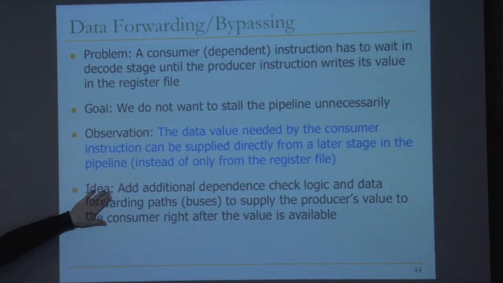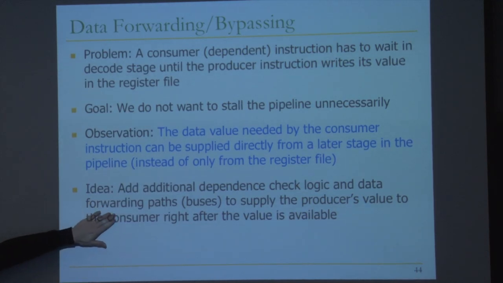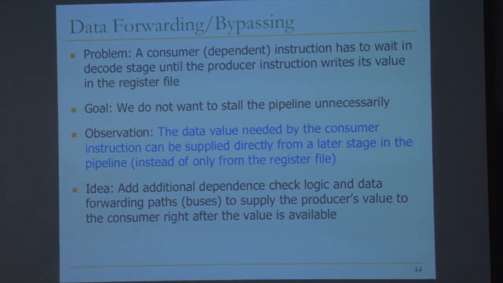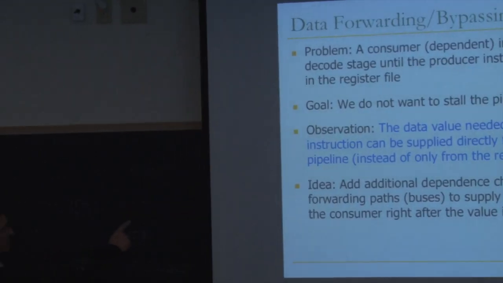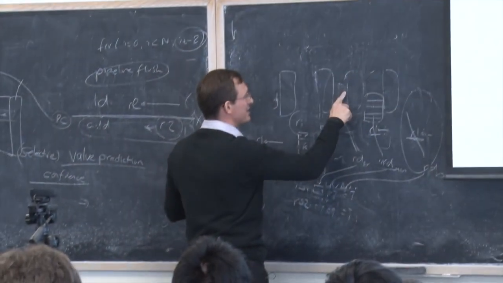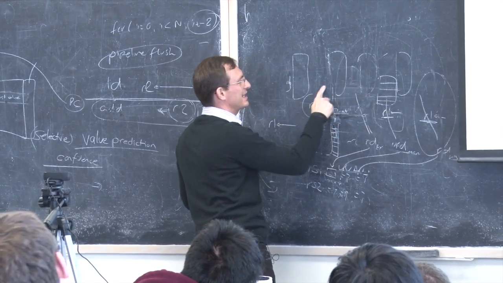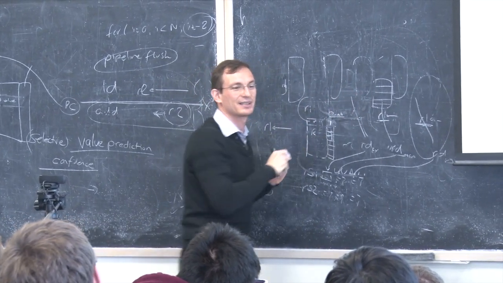How do you implement this? You add additional data dependence check logic and data forwarding paths or buses to supply the producer's value to the consumer right after the value is available. Instead of using the path from write back into the register file, imagine the ALU over here. You supply a path such that the ALU's result goes back directly into the input of the stage.